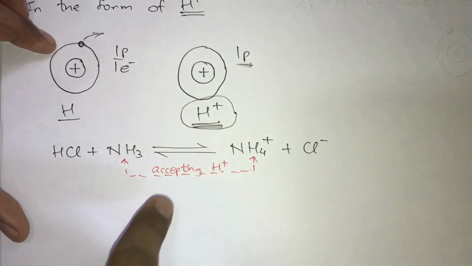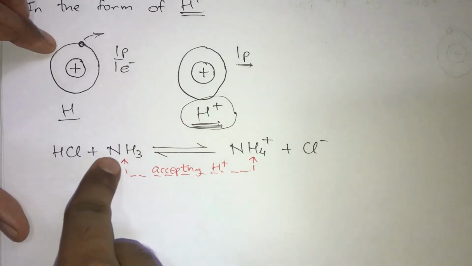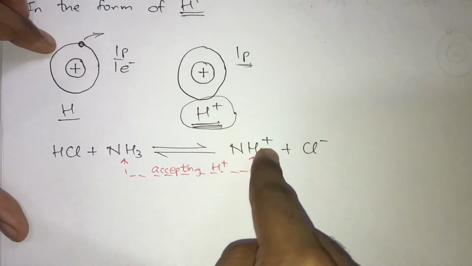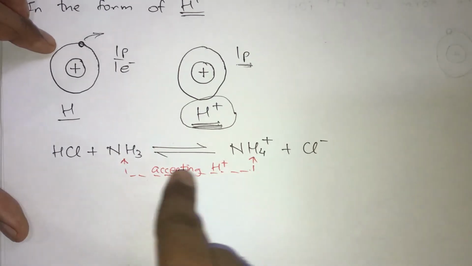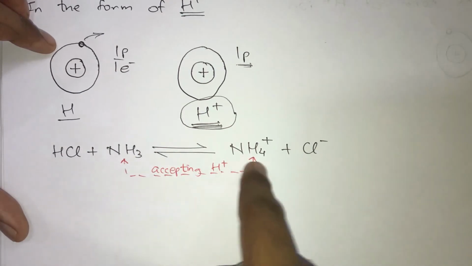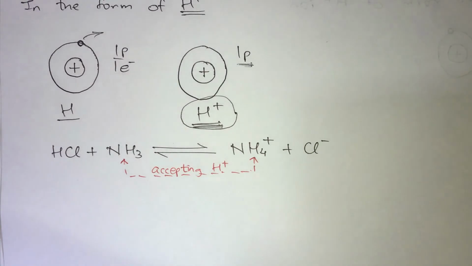Can you see? If you add an H plus ion to this NH3, it is going to get converted into NH4 plus. So after accepting an H plus ion, this NH3 is getting converted into NH4 plus.